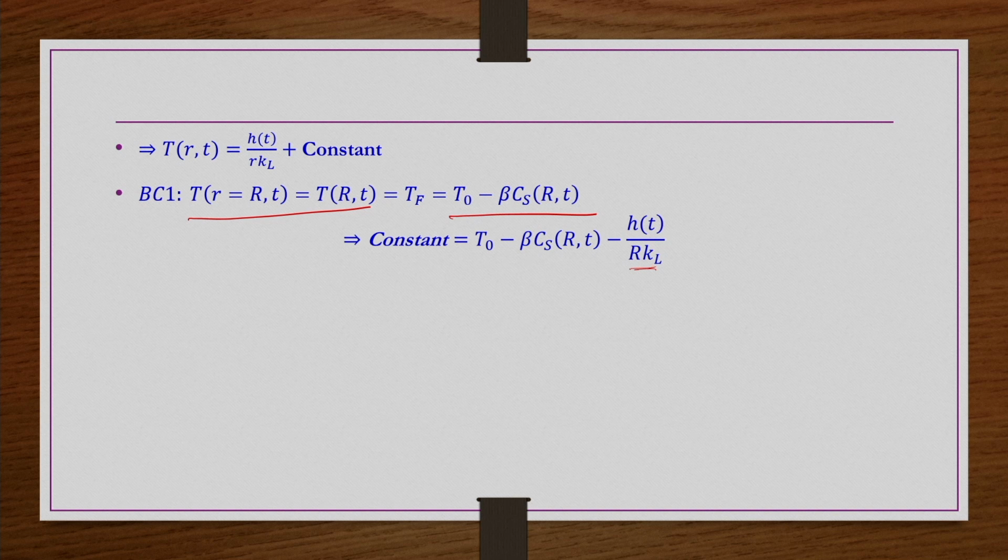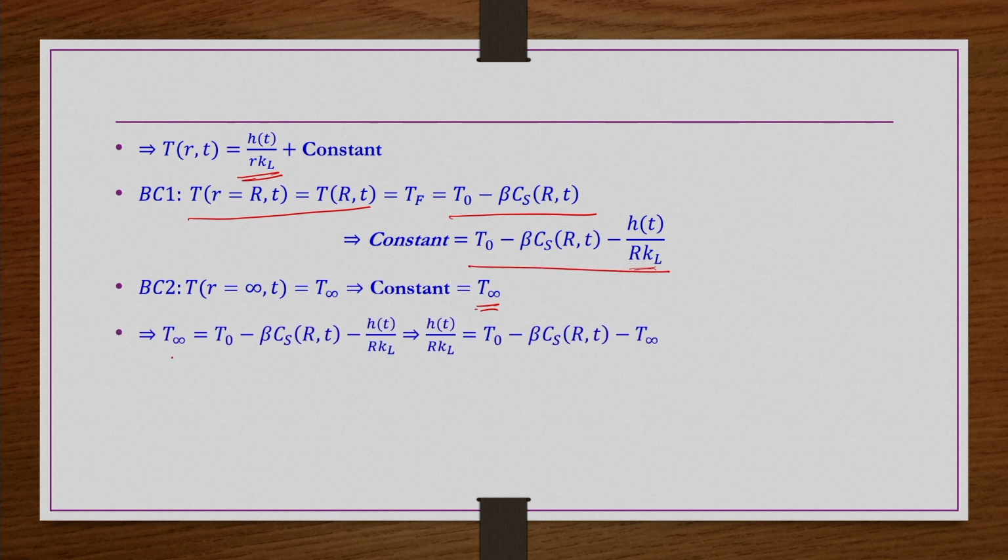The other boundary condition: at r equal to infinity, T is equal to T_infinity. So, in this equation if you substitute r equal to infinity, you get the constant equal to T_infinity. So, for the constant we have two relations, this relation and this relation. When you equate them together, you have this relation. So, from here h(t) by r k_l you get this one.